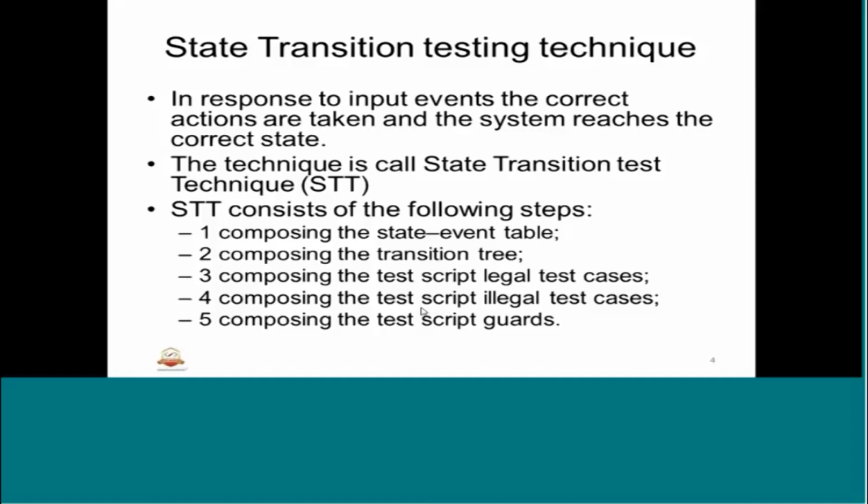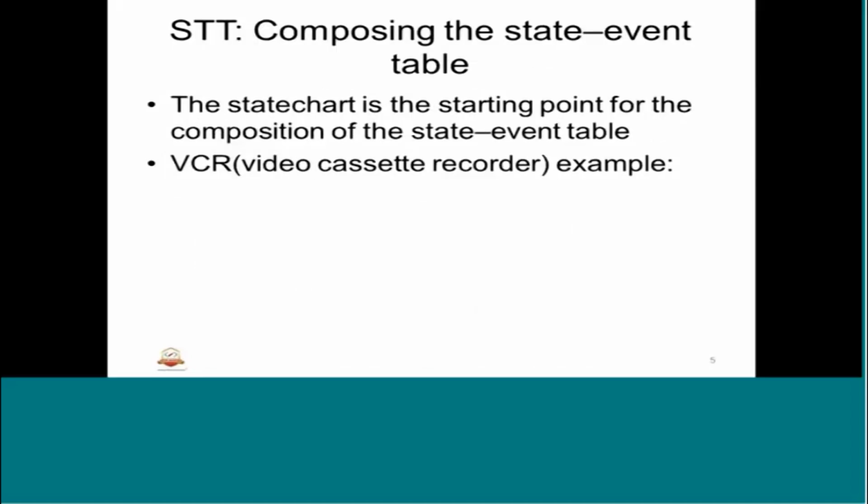Then the fourth is the test script illegal test cases, which will take care of the negative cases, test cases for situations which are not going to happen in normal embedded system execution. And the fifth one is the test script guards, identifying the guards and scripts and how we can do it. Okay.